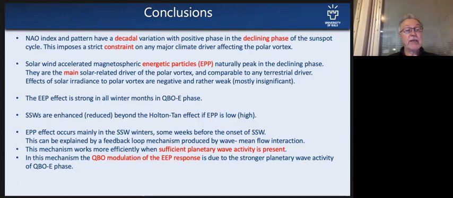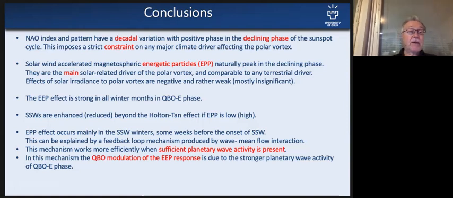Solar wind accelerated magnetospheric energetic particles naturally peak in the declining phase. They are the main solar-related driver of the polar vortex and comparable to any terrestrial driver. Effects of solar irradiance, on the other hand, on the polar vortex are negative and rather weak.